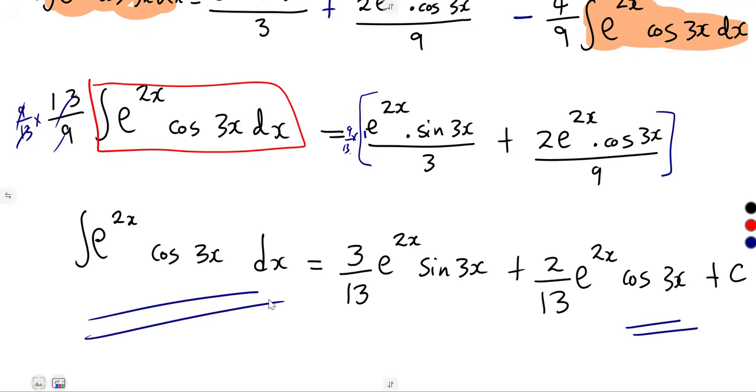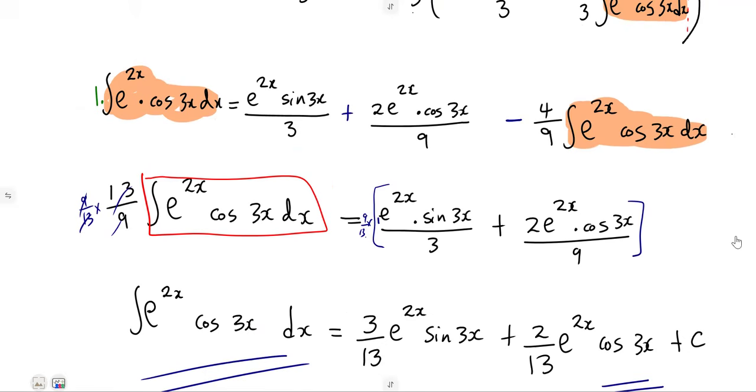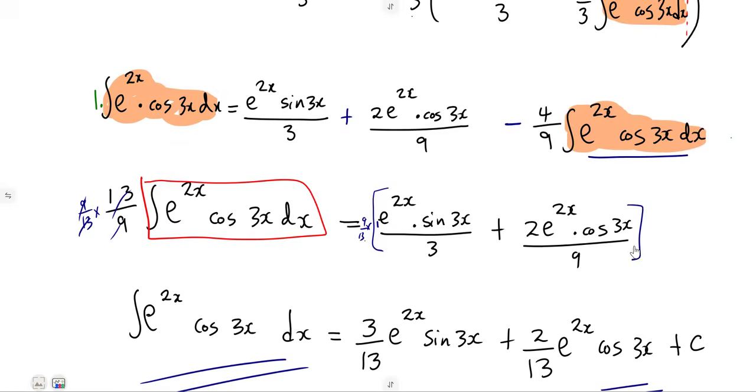So this is your original question. Once you can see that original question, guys, we are done. You're not going to simplify further and further. No, you're done. So you see the process: you have to integrate until you see the original part of your question as it was given.